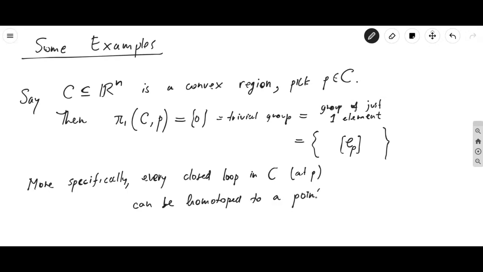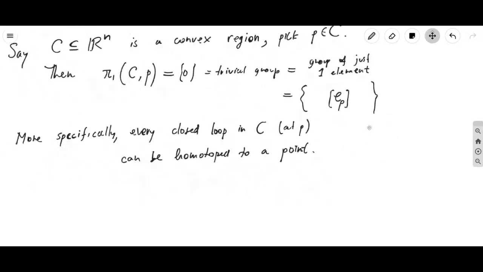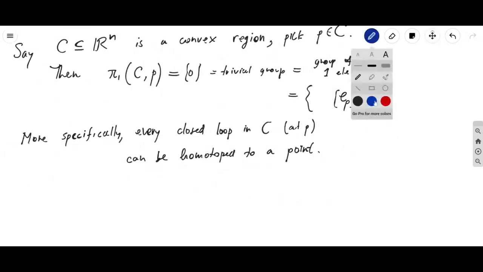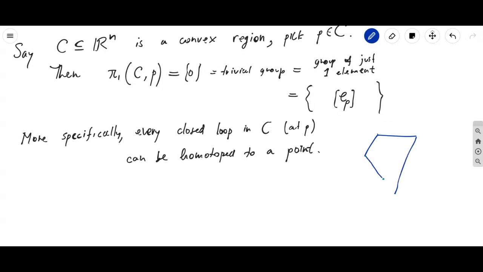That's what we're saying. So here's a convex region, and here's some point P. It makes sense because it's a convex region, the stuff inside that loop is part of the space, and so the idea is you can keep on moving it down until you reach a point.